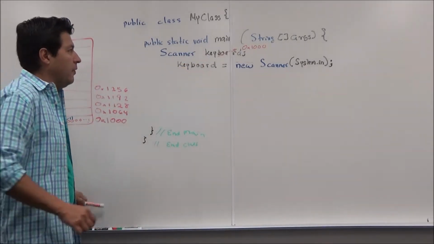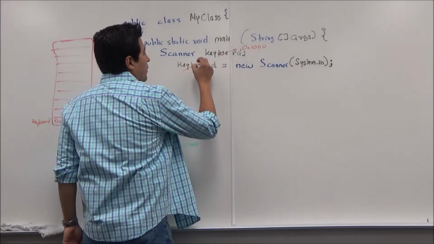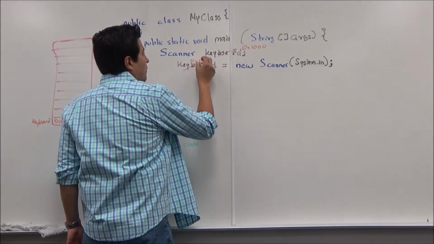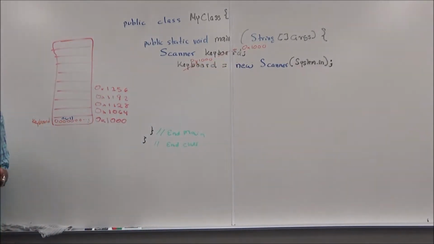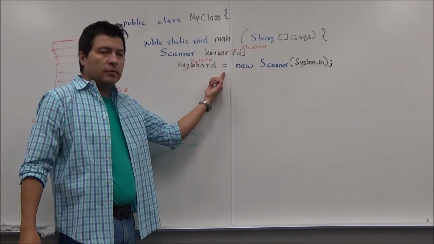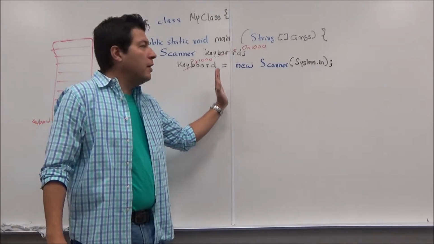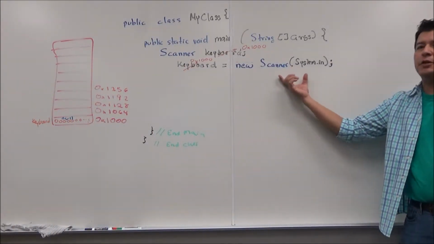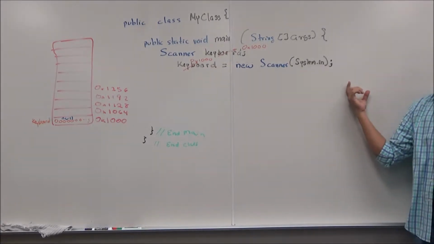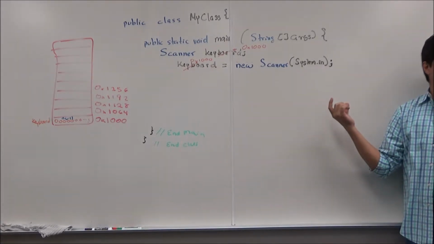So every time it sees the word keyboard, it's replaced by the address 1000, or whatever address happens to be allocated. And then it sees an equal sign, right? So what it's going to do is execute whatever's on the right side of the equal sign first, however many CPU cycles that takes.